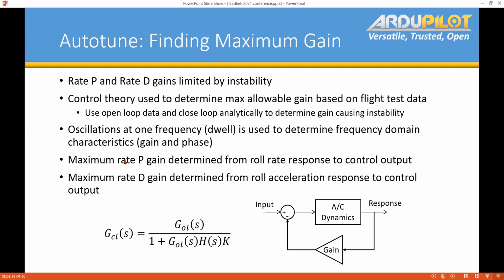We can do that for the rate P gain, which looks at the roll rate response to the R out or P out, whatever that control output is to the motors class. And then we can also do rate D, where we're looking at roll acceleration to the control output. I do that mathematically in the frequency domain, rather than just looking at straight roll acceleration. It's just too hard, so we do a mathematical version of that in the frequency domain.